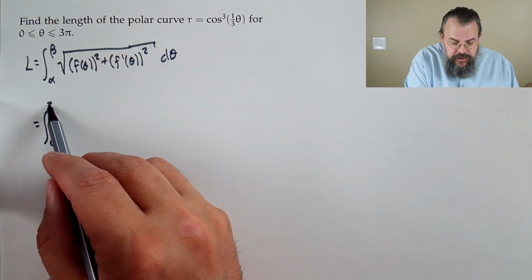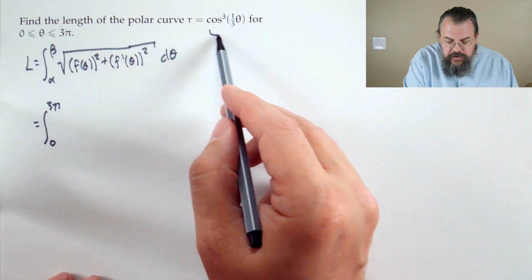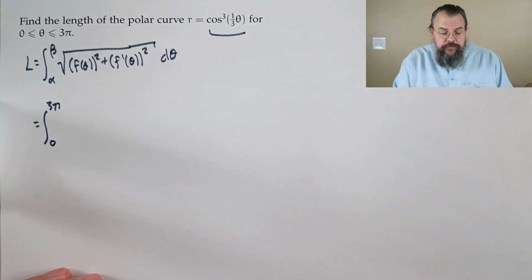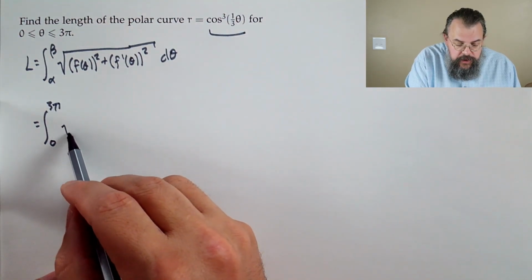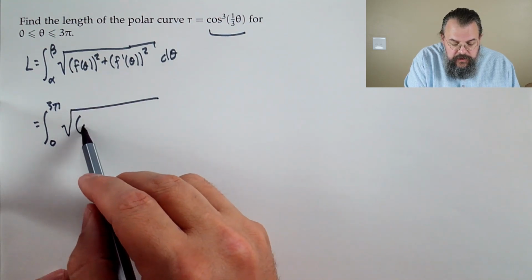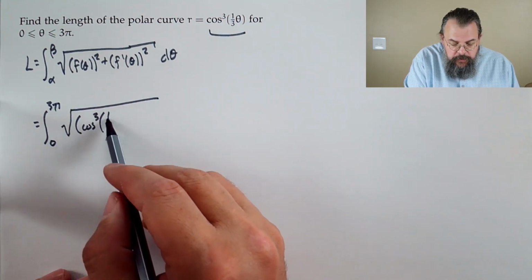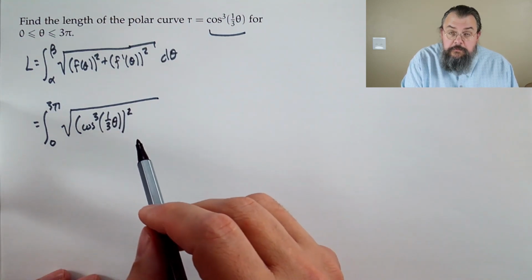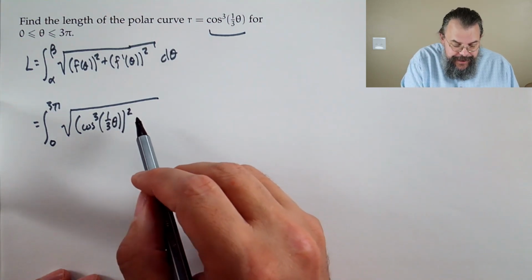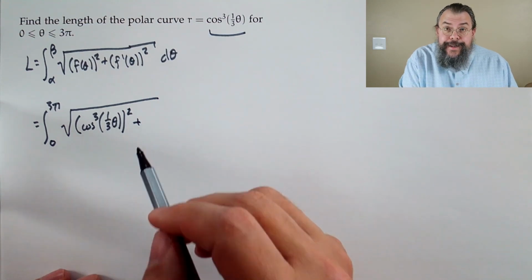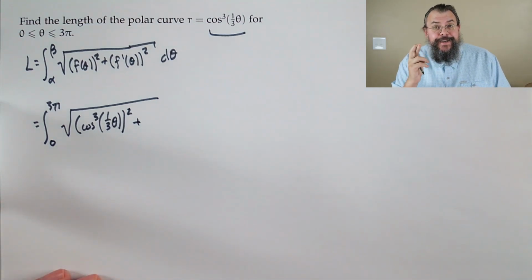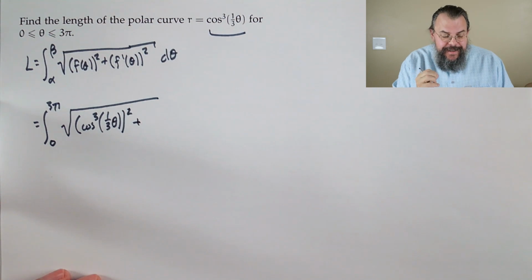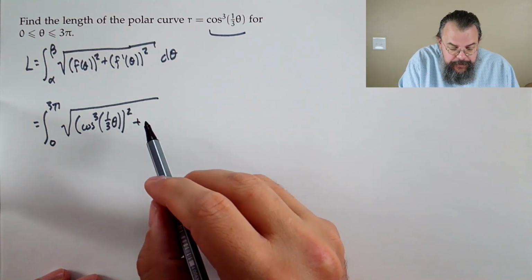Well, our function is this function, cosine cubed of a third theta. So we're going to get the square root of cosine cubed of 1/3 theta squared. It's a lot of cosines there. Well, let's hope. Fingers crossed. Let's hope something happens. Well, we keep going.